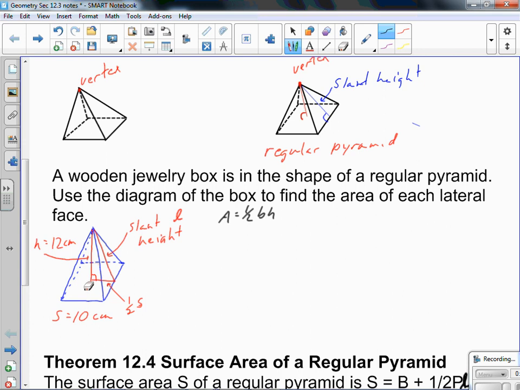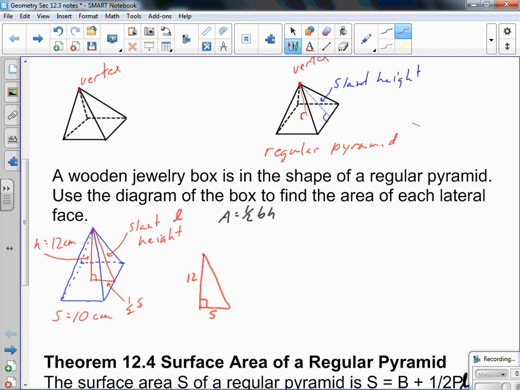So the distance from that point to the side is going to be 1/2 the length of the side, so 1/2 of S. So if we look at just that triangle, because we've created a triangle there with the slant height, the height, and 1/2 the distance of the side, and it's a right triangle. All right, 12, 5 is going to be 1/2 of 10 for that base side there.